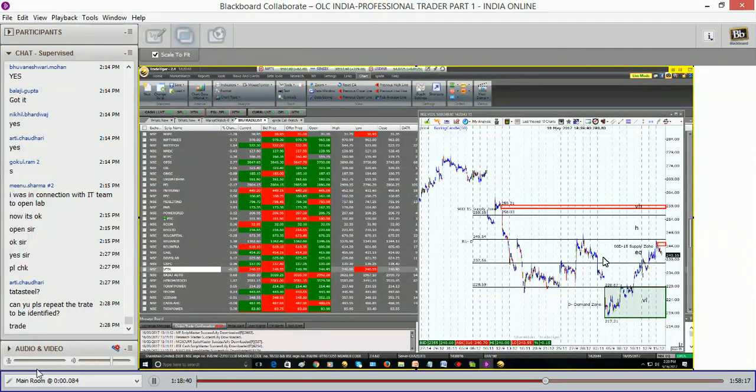Meenu, I'm not able to see. Aarti, it is a weekly income trade in Tata Steel. That's correct. I think somebody else is using your ID, Meenu.